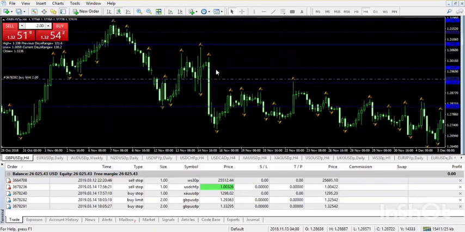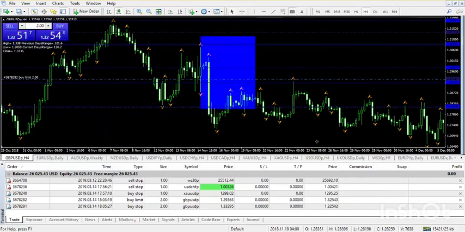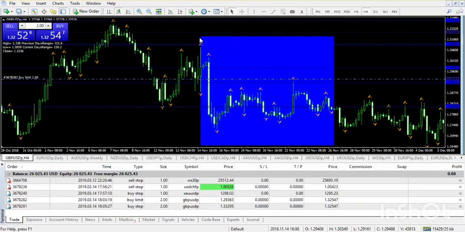So, but in here, for example, this candlestick here, let me delete this. This is not a candlestick. This one is.